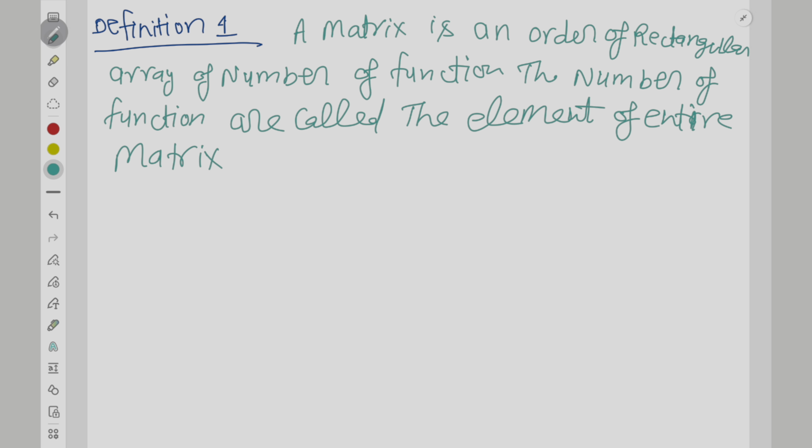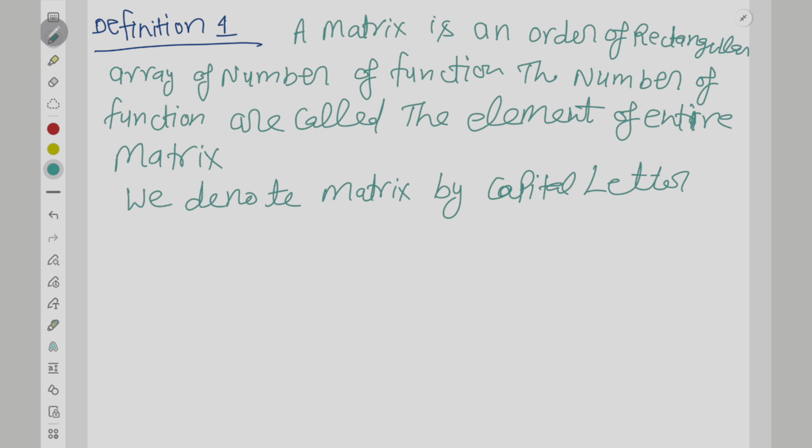Some examples are these. We denote a matrix by a capital letter, like A, B, capital letters of the English alphabet.